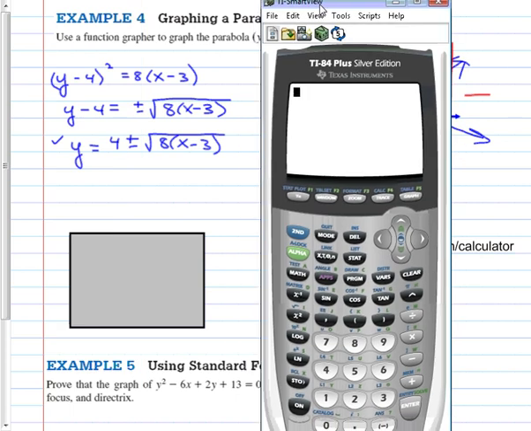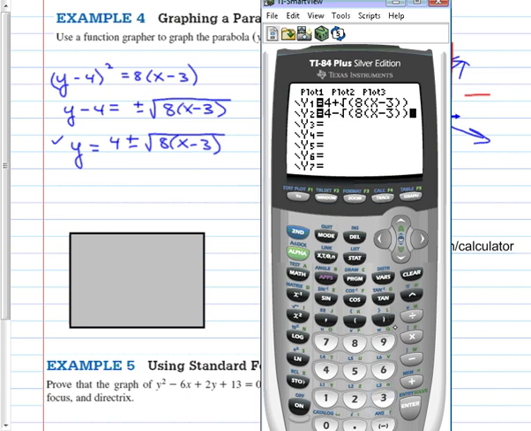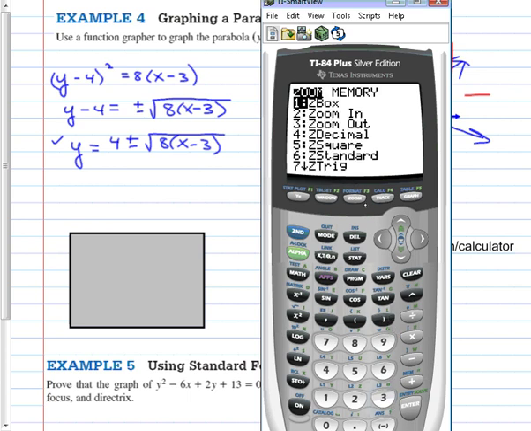Turn off any plots if you had them on. I'm just going to do Zoom standard window.